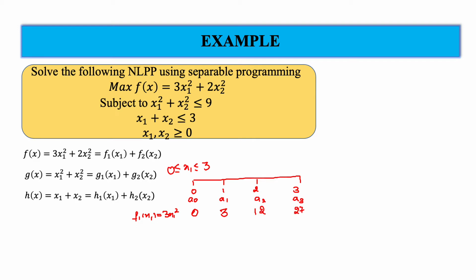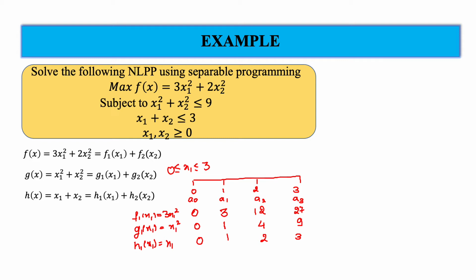Now we focus on g1(x1), that is x1 square. The squares of these grid points give the function values 0, 1, 4 and 9. Now h1(x1), which is x1, is the same as the grid points, so it is 0, 1, 2, 3. So corresponding to the variable x1, these are the function values.